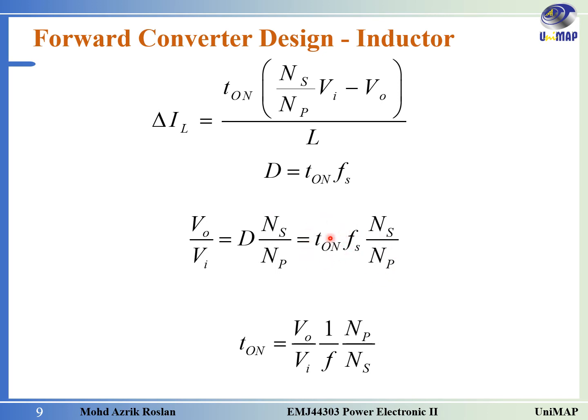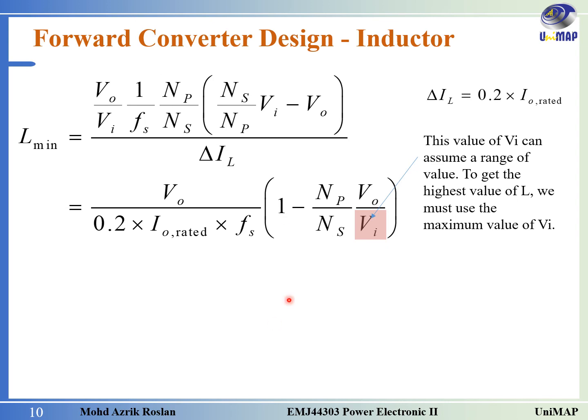And then we need to define the value of T on. T on is equal to Vout over Vi divided by F multiplied by Np over Ns. So this is the on time. Finally, for the L min, we will replace the T on with this value that we just got, multiplied by Ns over Np, Vi minus Vout divided by delta IL.